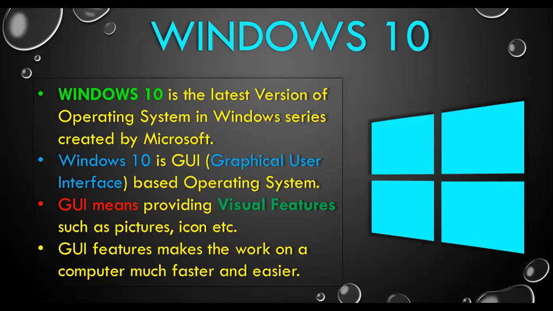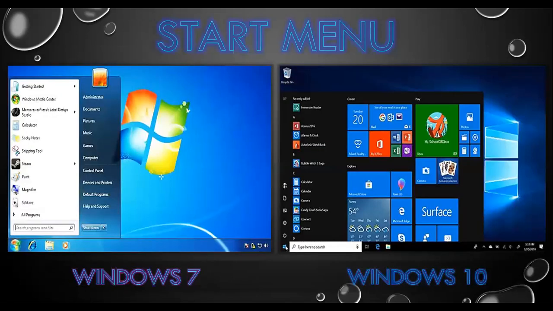So let's now move to the next slide and see the different types of start menus in the Windows operating system. The picture on the left side which you are seeing is the Windows 7 operating system, and this is the start menu of Windows 7. You can see the difference between the start menu of Windows 7 and that of Windows 10. In Windows 10, you get live tiles in the start menu, and here is the program list of the software installed on your computer.